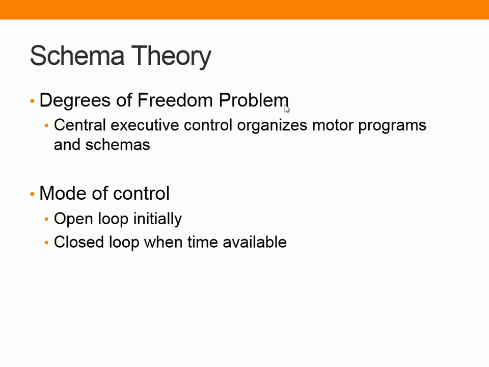So the main concept is that the central executive is in charge, and we have these motor programs that are sitting on our shelf in memory that we can pull off. If we think about an example similar to a computer, anytime you open a program on your computer, you push one button and thousands of lines of code are going to run and operate.